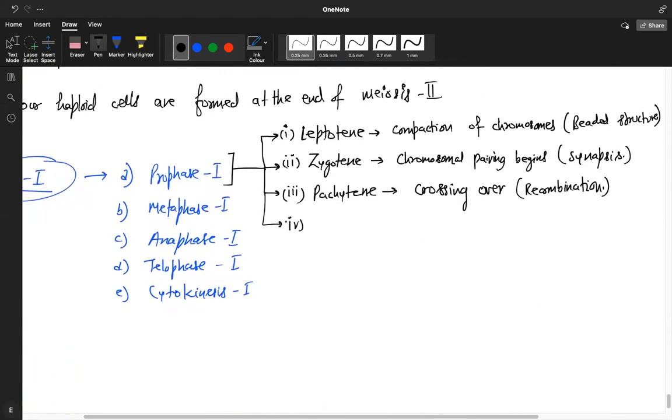Then fourth, diplotene. What do we mean by diplotene in one line? The chiasmata, which I showed you, becomes visible. It will be visible as the X-shaped structure, which is called the chiasmata. The chromosomes actually start to separate, but only the chiasmata is visible.